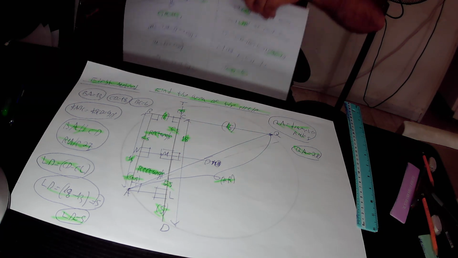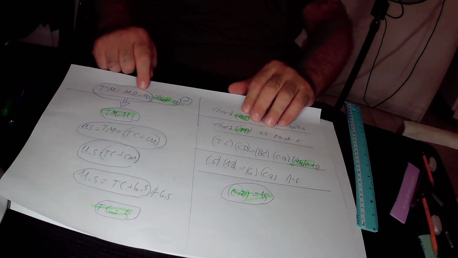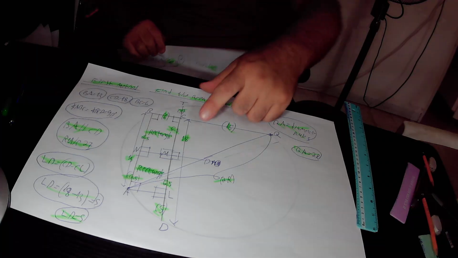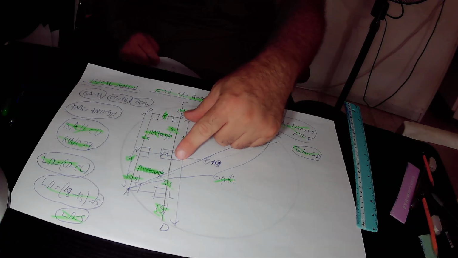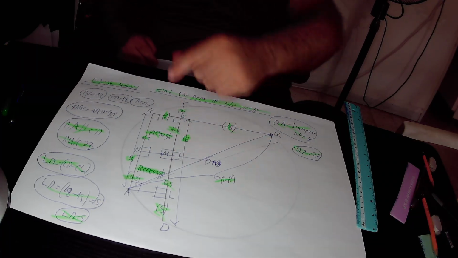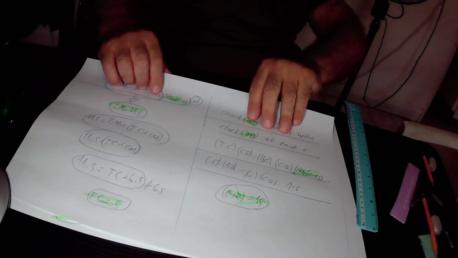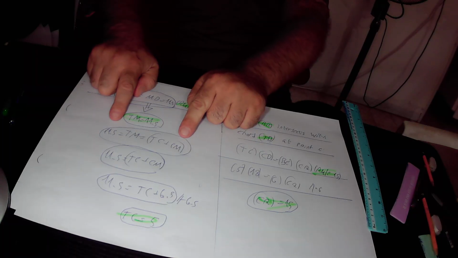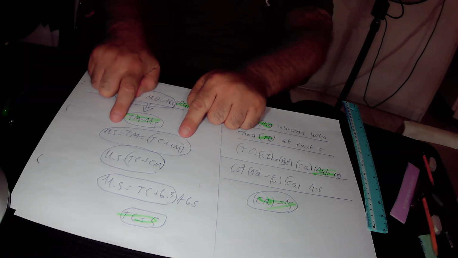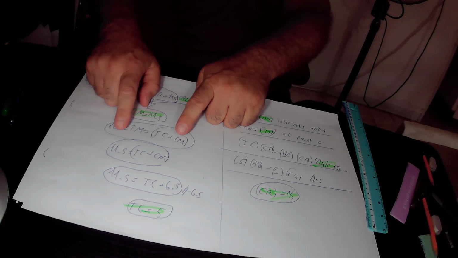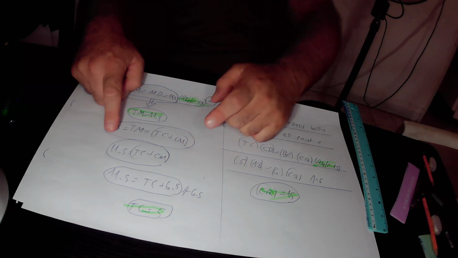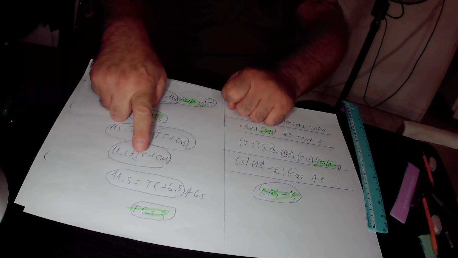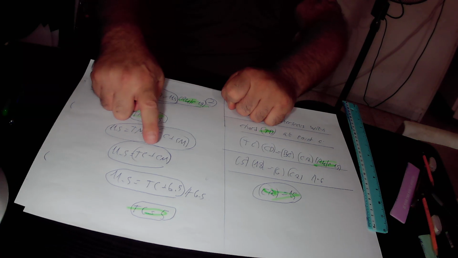So from one side, TM equals 11.5. From the other side, TM also equals TC plus CM. And from this equation, 11.5 equals TM equals TC plus CM. TC is the missing side, so it is TC plus CM.